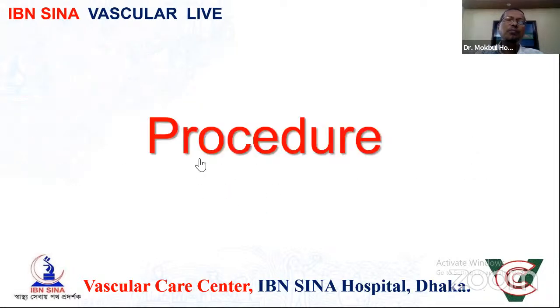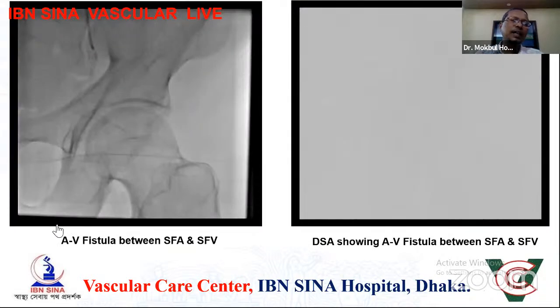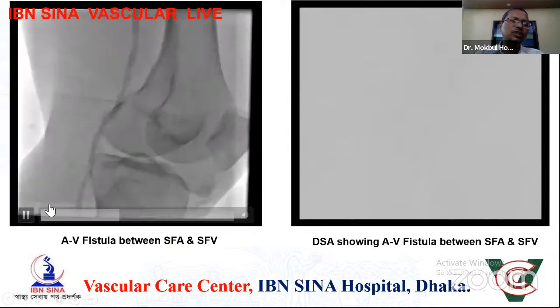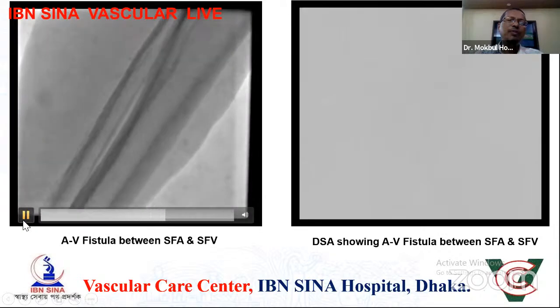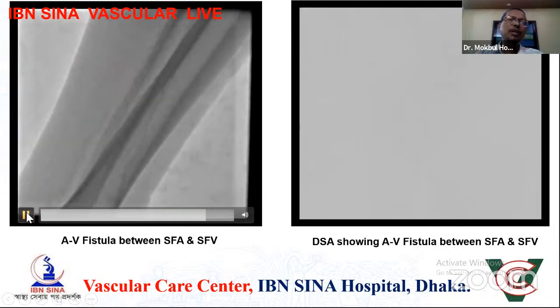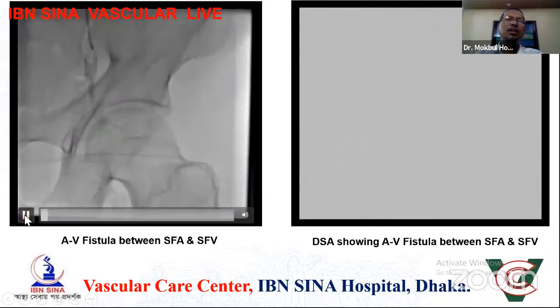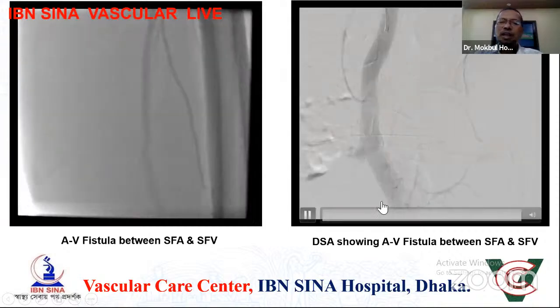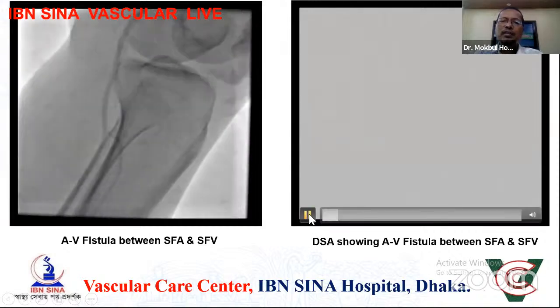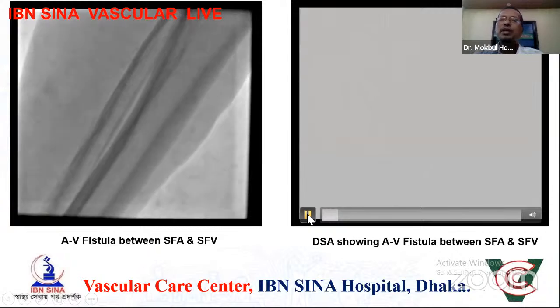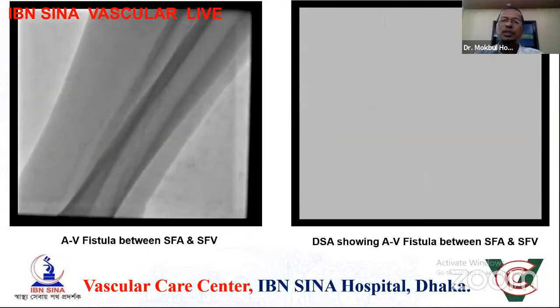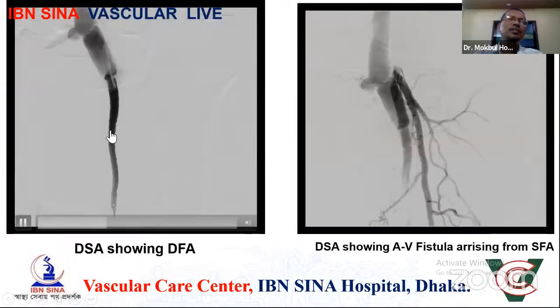This is the procedure. We can see here the AV fistula between the left superficial femoral artery and vein. The DSA shows it nicely. There is a communication between the proximal SFA and the superficial femoral vein.